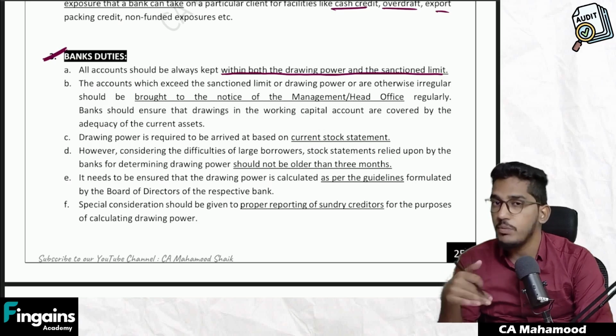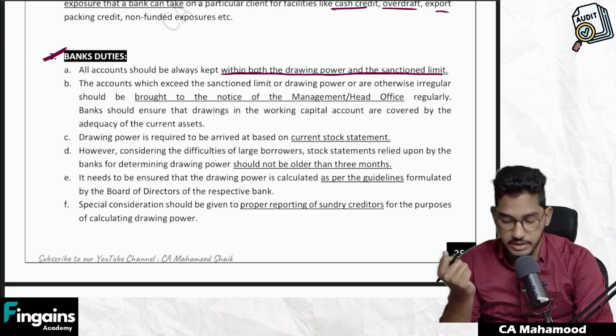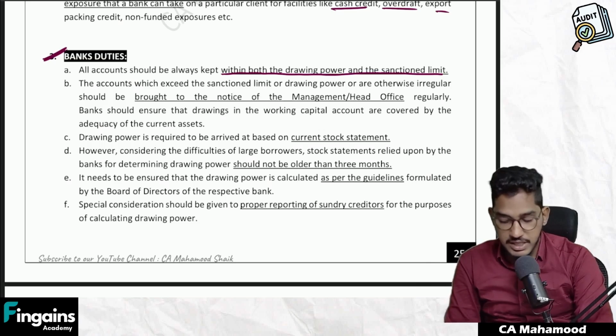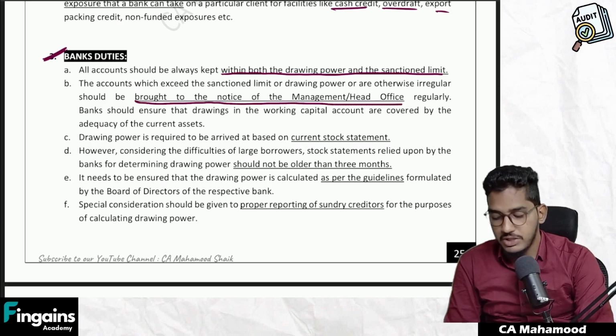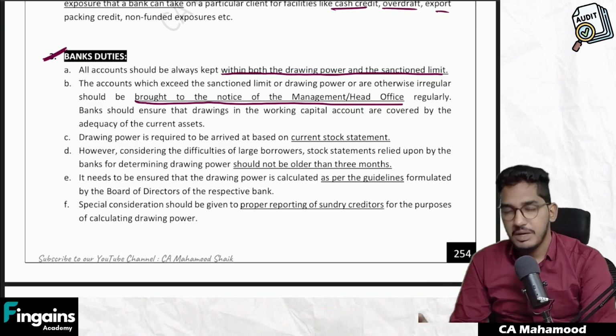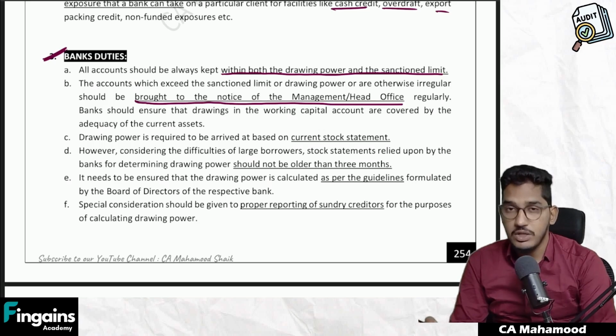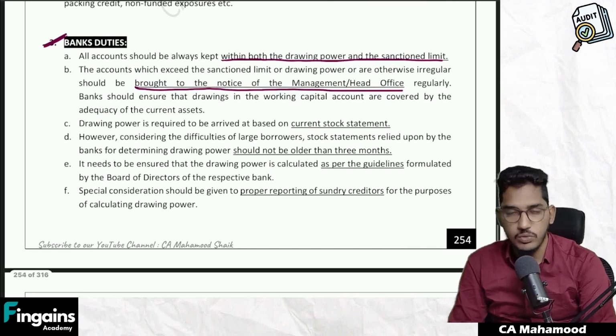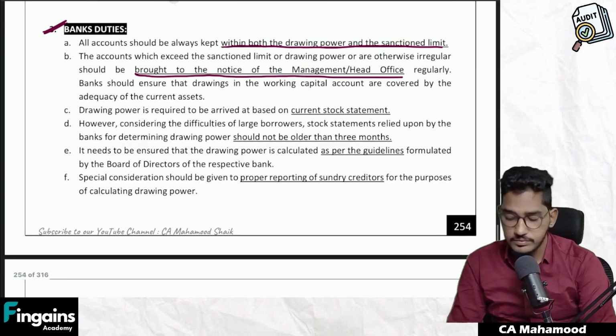No account should go beyond the drawing power and sanction limit. The account which exceeds the sanction limit or drawing power or are otherwise irregular should be brought to the notice of the management or head office regularly. If at all, if you find, generally it will not happen. But if you find any account where the actual utilized amount is higher than the drawing power or sanction limit, you have to bring it to the notice of head office regularly.